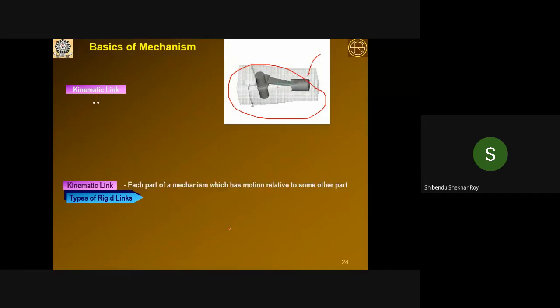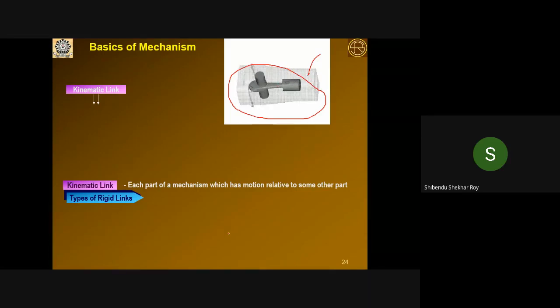Each part of a mechanism which has relative motion to some other part is called a link. A link may consist of a number of small elements, but there is no relative motion between those small elements. So a particular link has relative motion with the other links.